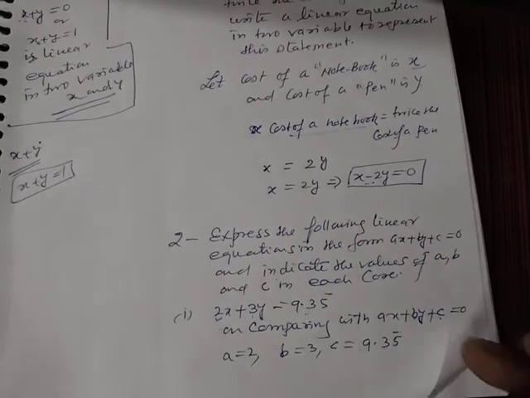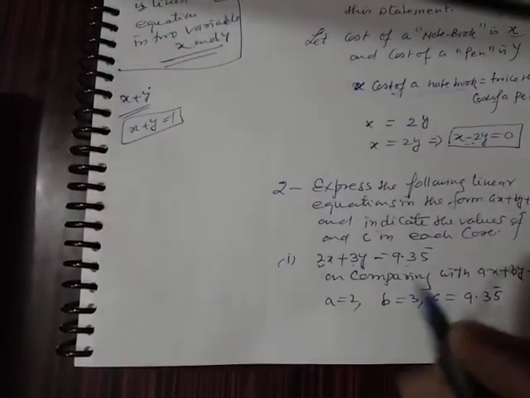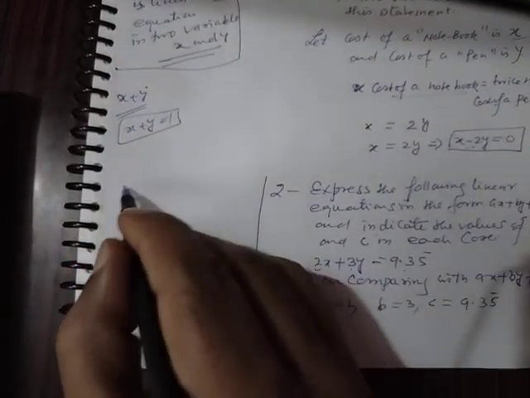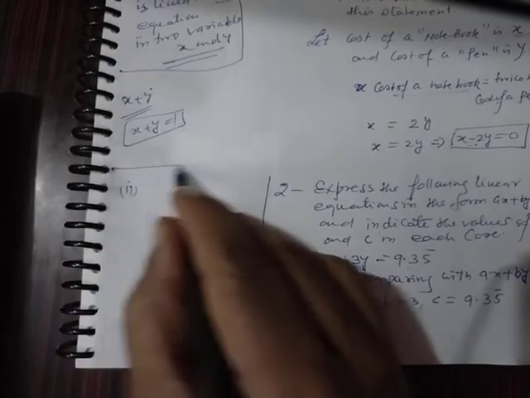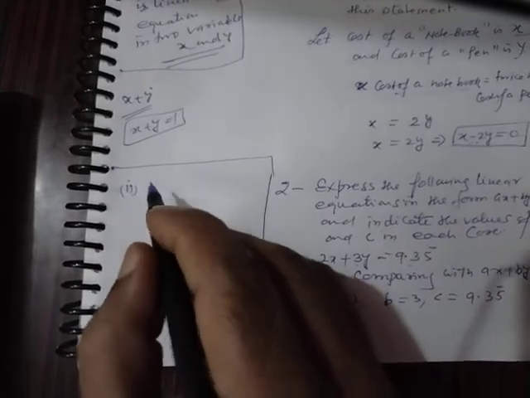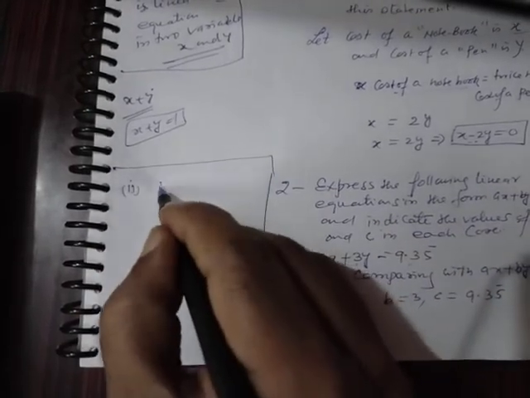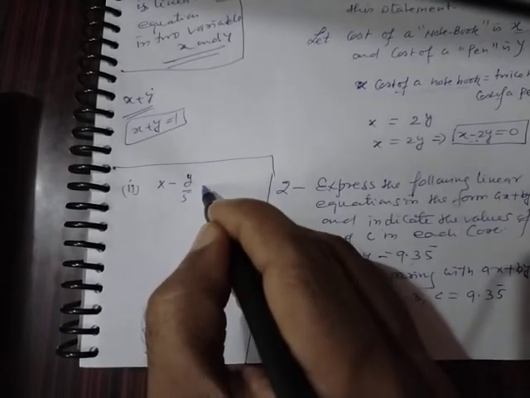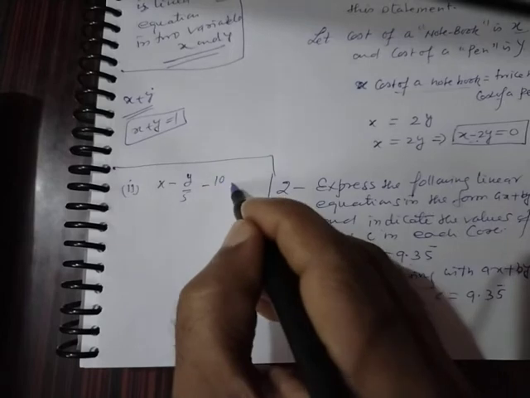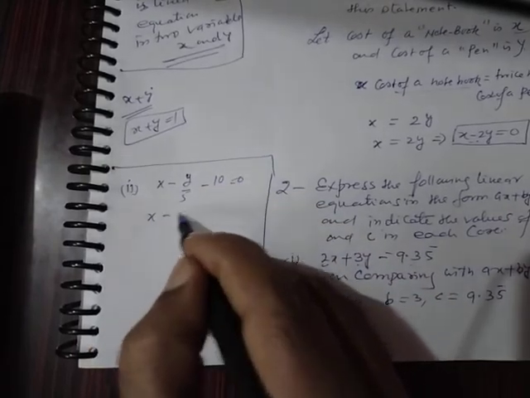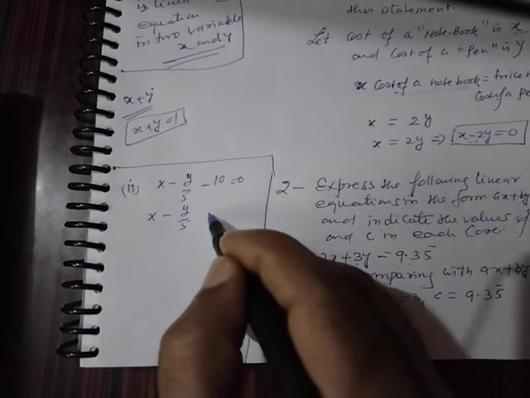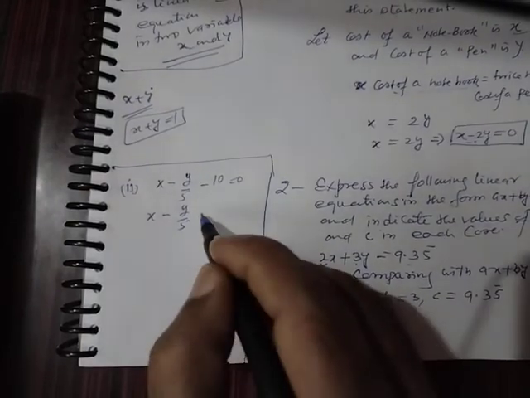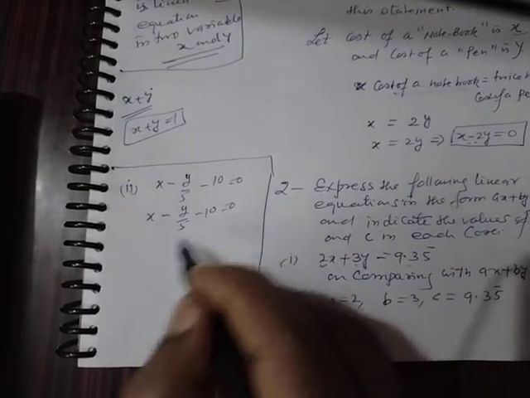Now you see next question, that is the second part. x minus y upon 5 minus 10 is equal to 0. We can write x minus y upon 5 minus 10 is equal to 0.